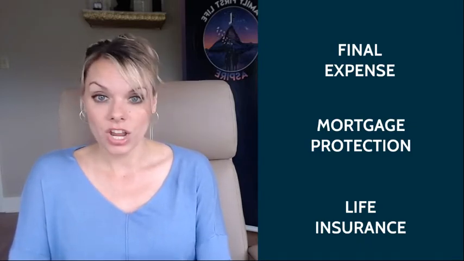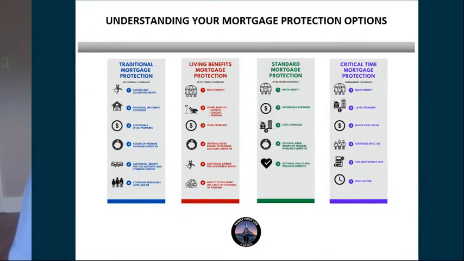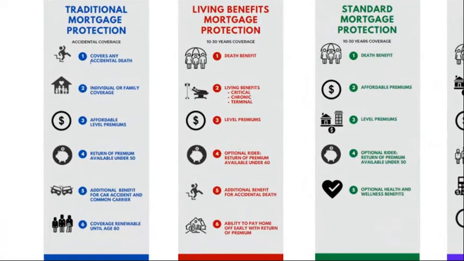Now, mortgage protection. Let's dive into mortgage protection. It's important to understand the options with mortgage protection and what these different options can do for your clients based off of what their goals are, what they qualify for, and what's affordable to them. Now, traditional mortgage protection is straight accidental coverage.